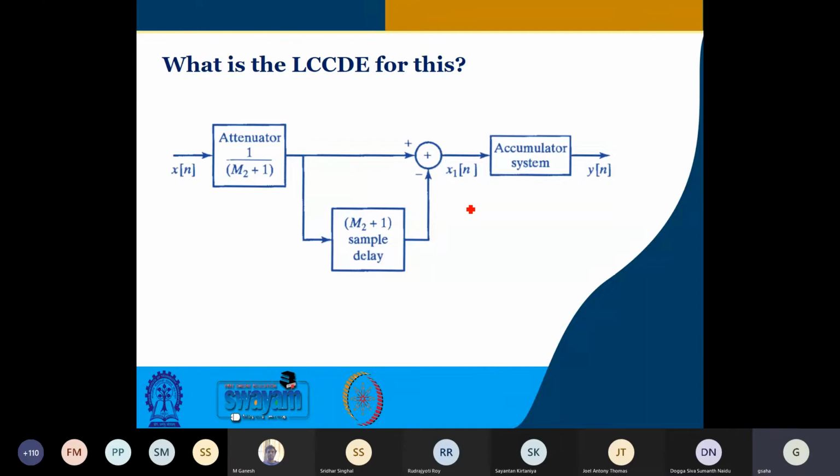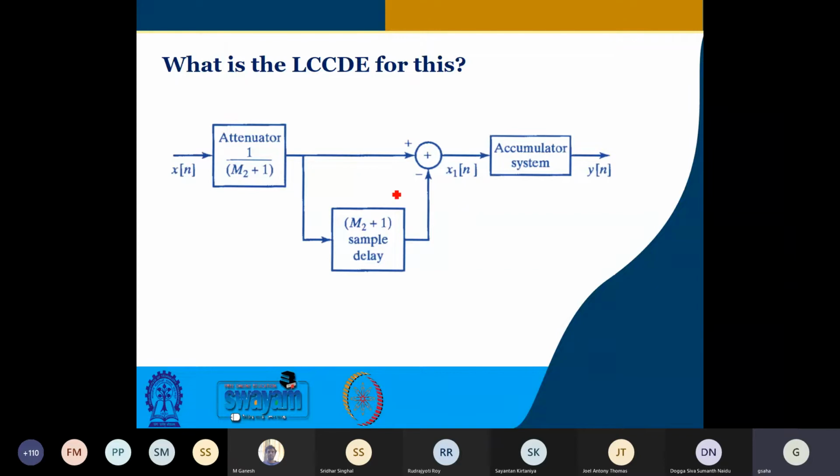But before discussing this particular system, to those who have already answered, and those who could not or are finding it difficult, don't worry, I'll go to the discussion. Just a question to them: is it an IIR system or an FIR system?